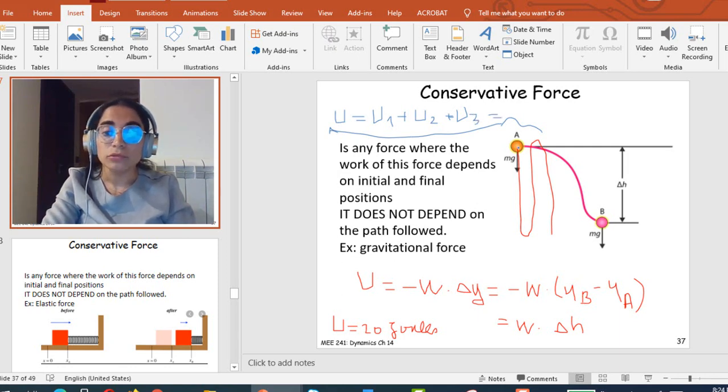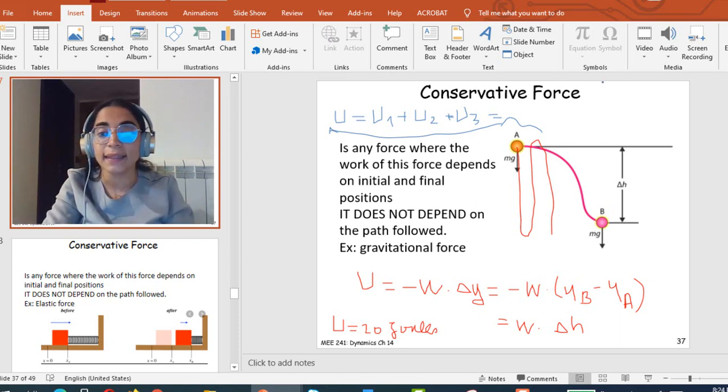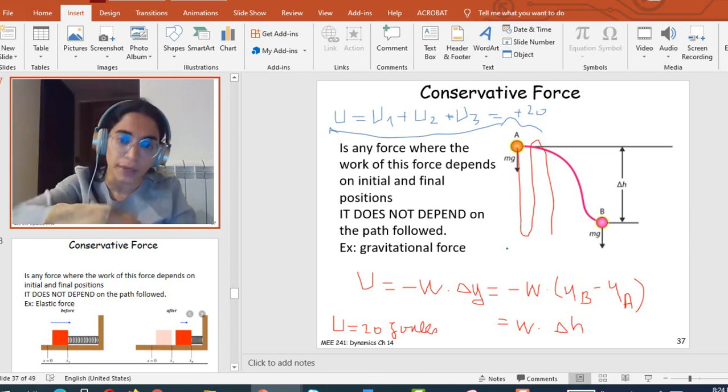Now, what about U1? It's also minus W (YB minus YA), which is also W times delta H, and since delta H is 2 and the weight is 10, it is plus 20. It should be plus because this motion is with the weight.